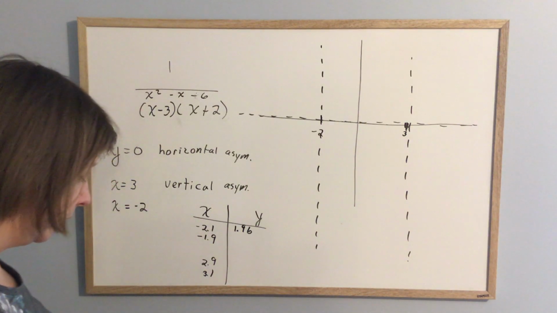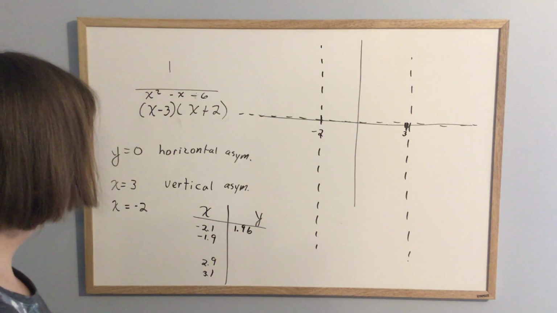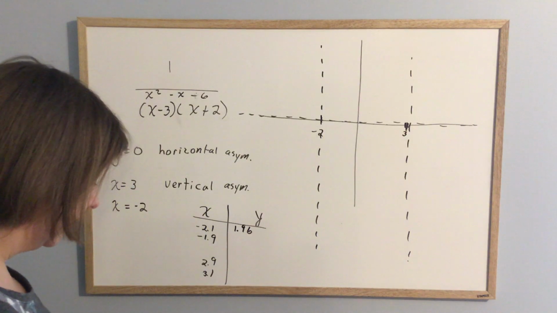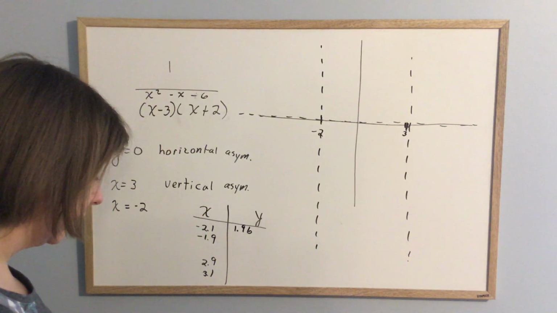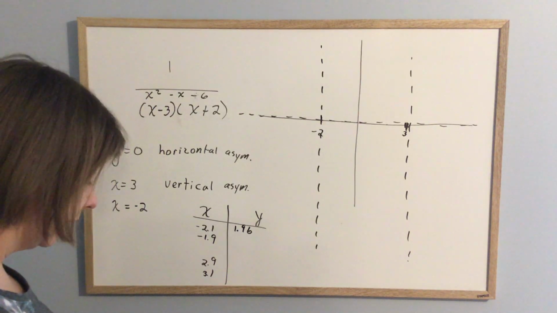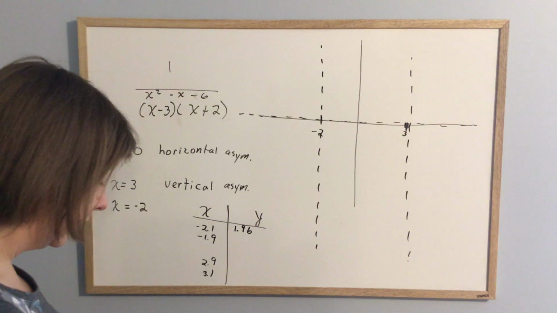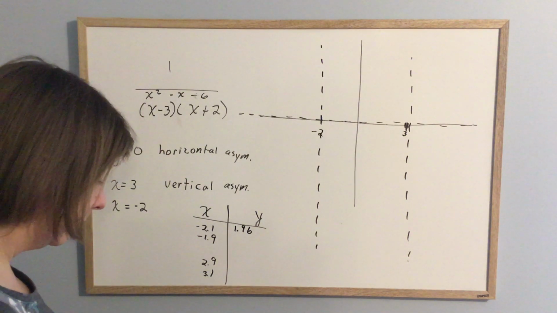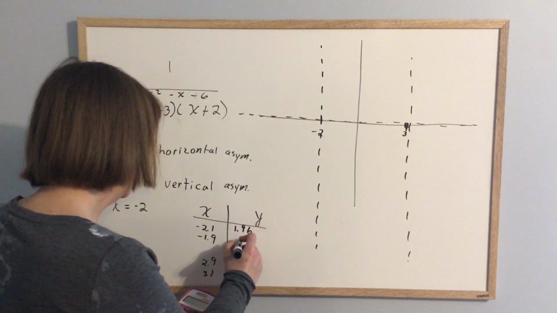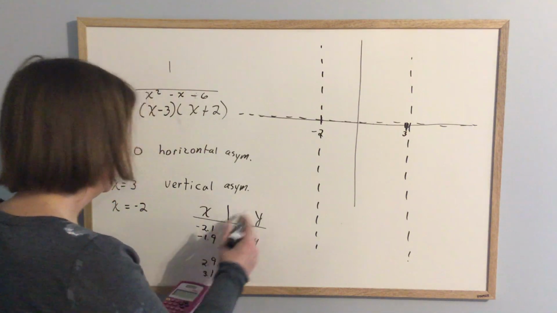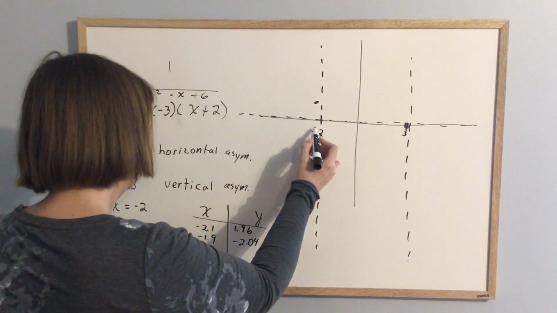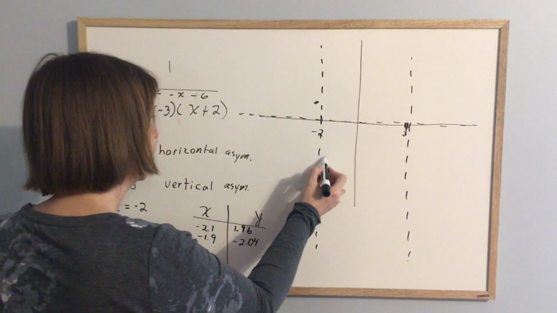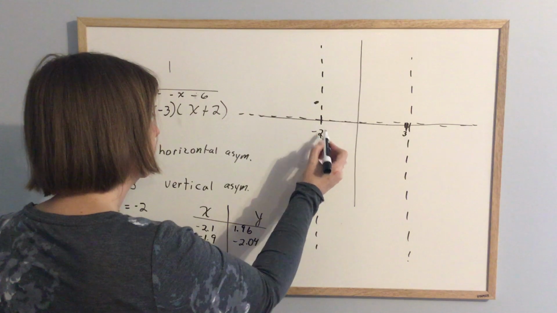At negative 1.9, 1.9 squared minus negative 1.9, so plus 1.9, minus 6, and 1 divided by that, I get negative 2.04. So at negative 2.1, it's almost 2, and at negative 1.9, it's negative 204.